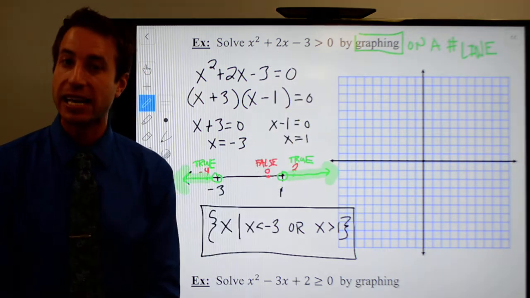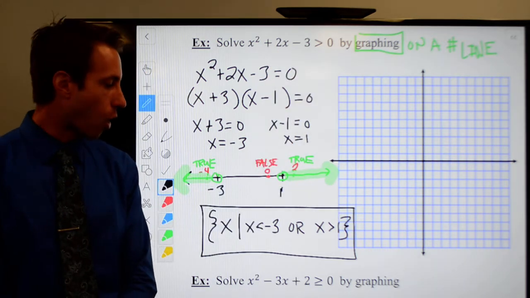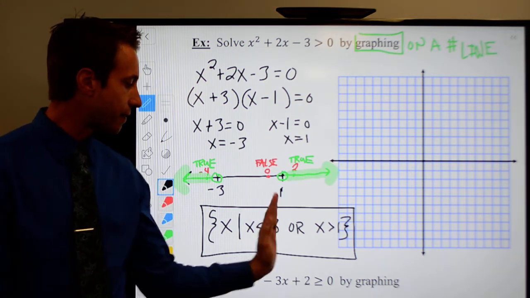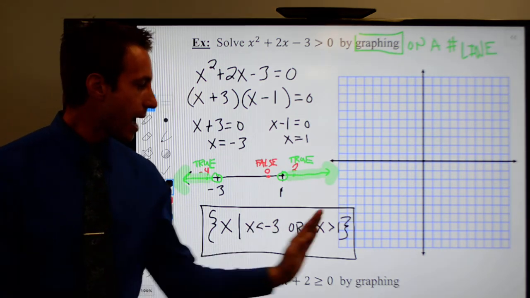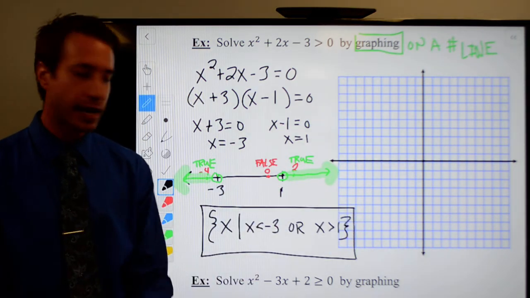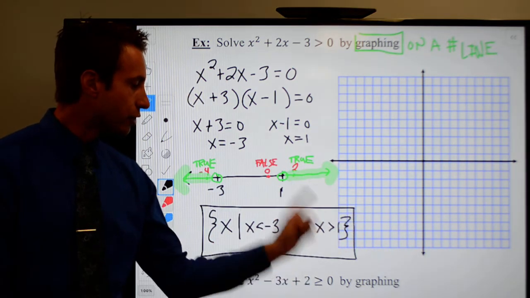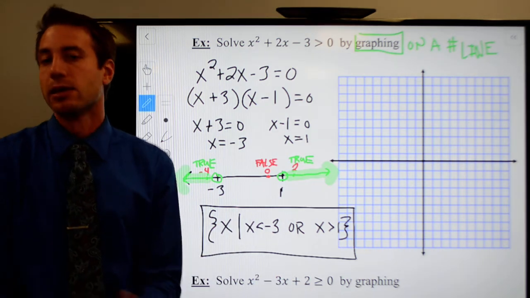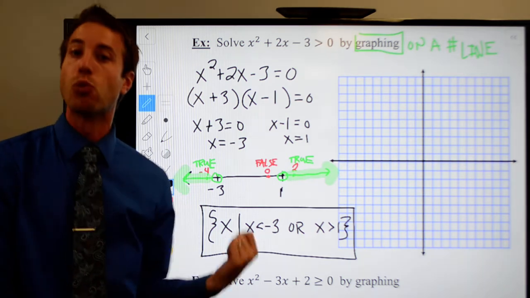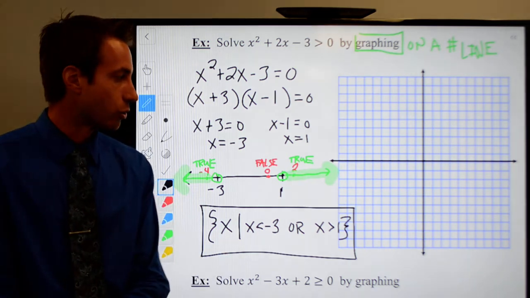It will satisfy the inequality. So I have two solution intervals, -infinity to -3, and +1 to +infinity, represented by the number line. And this interval notation, or set builder notation, represents my solution regions.